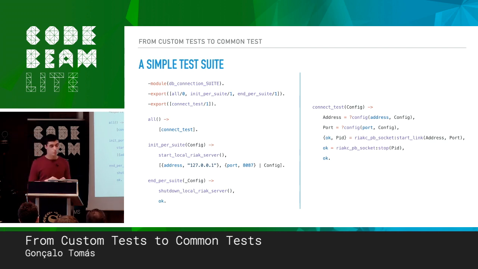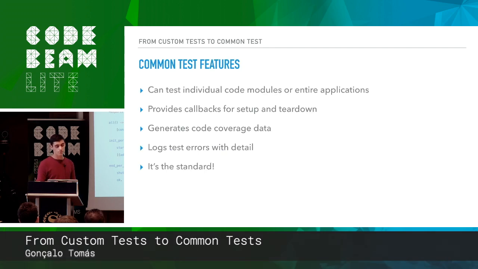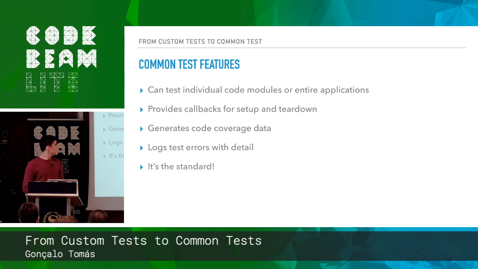that you get to build test suites with Common Test. It has some pretty cool features aside from the setup and teardown callbacks. You can test individual code modules, or you can test entire applications. This basically means that Common Test can look at the system under test as a white box, but also as a black box.